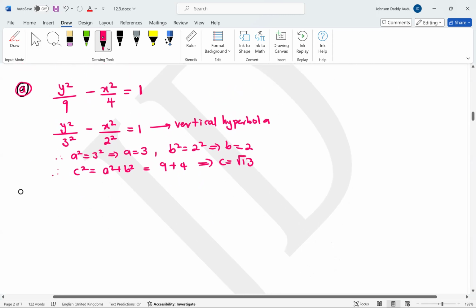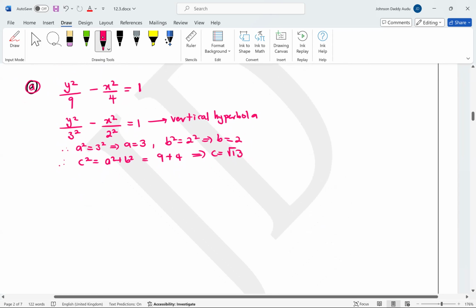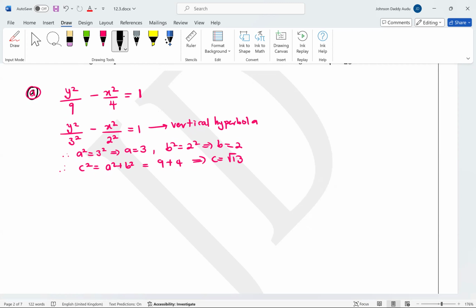Now, let's try to sketch this one before we try to get everything. So now to sketch this, what do we do? Let's just try to sketch it directly first. It can have something like this.